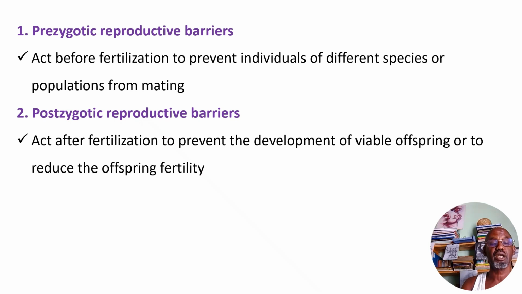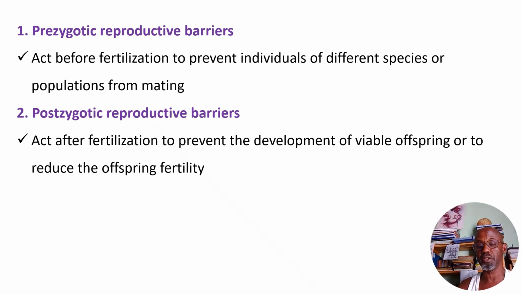That's why it's known as post-zygotic, to prevent the development of viable offspring or to reduce offspring fertility. For example, a donkey and a horse giving rise to a mule. They can mate and form a zygote, which undergoes embryonic development. The baby can be born, grows, and develops, but is unable to reproduce itself. This is a post-zygotic reproductive mechanism.